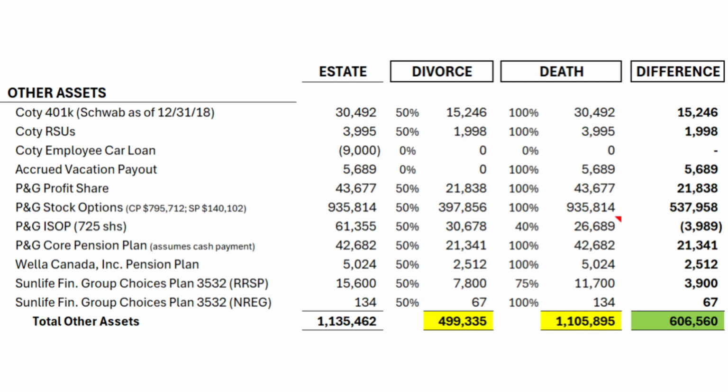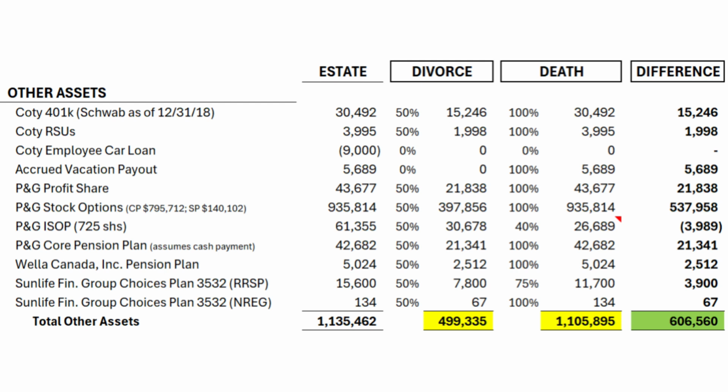And the portion that is divorce is $499,335. However, upon his death, the benefit to the defendant is $1,105,895, correct? Yes. So when we go over to the difference in the far right column, it benefits her by over $600,000. Is that right? That's correct.